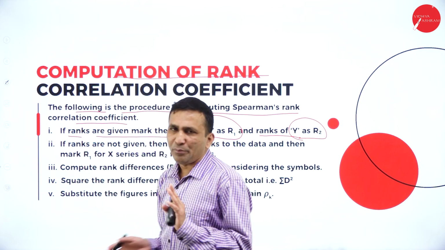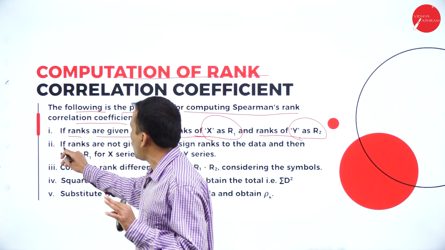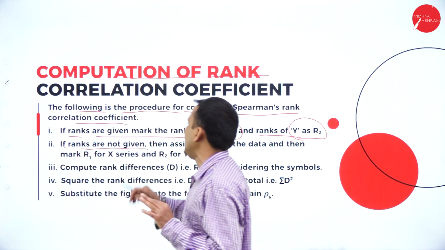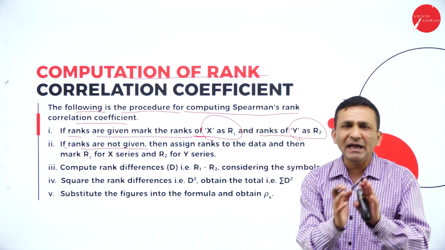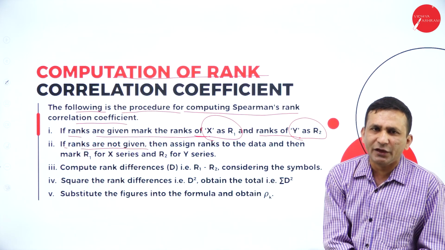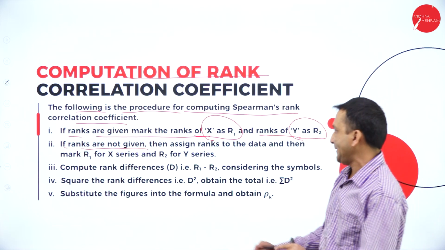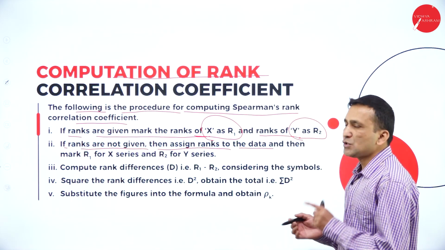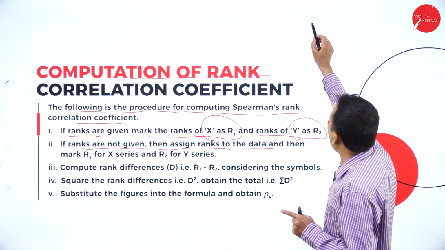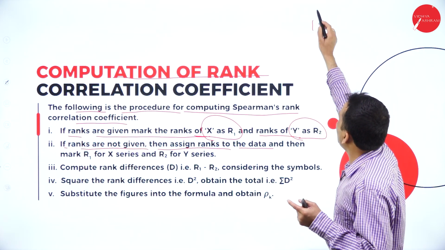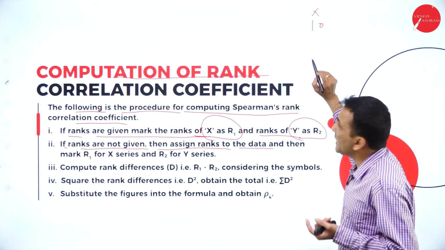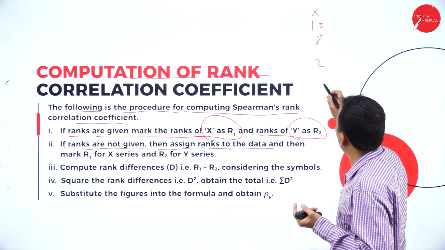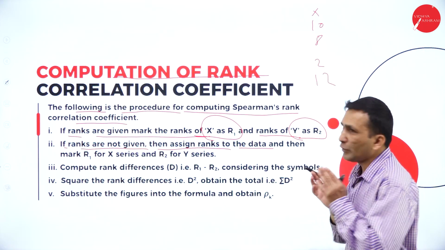Second, if the ranks are not given in the question, you need to assign the ranks to the data. For example, here 5 data values are given from the X series: 8, 2, 12 and so on.